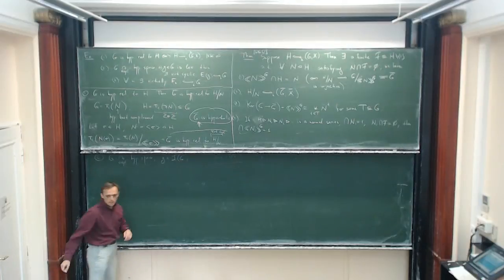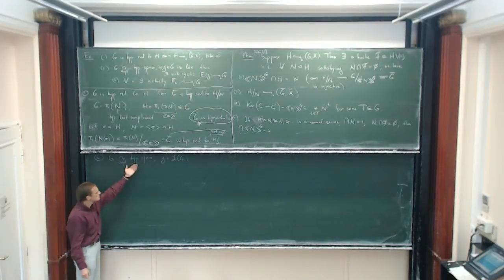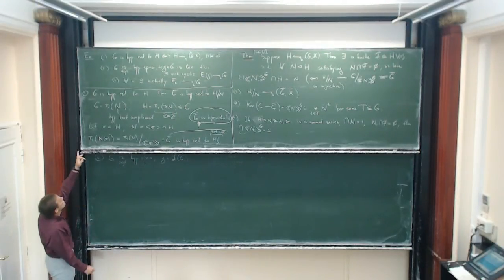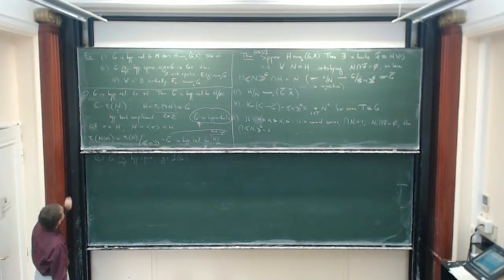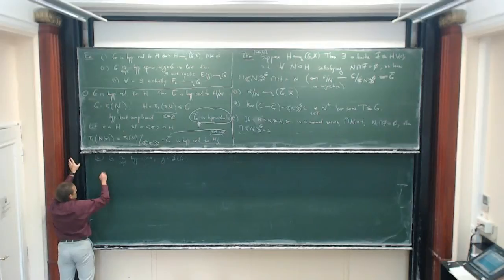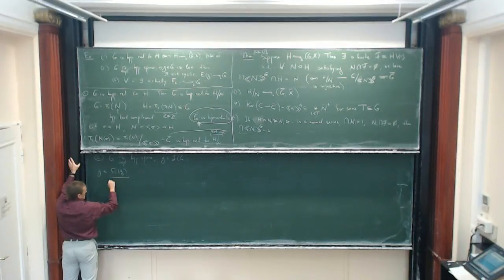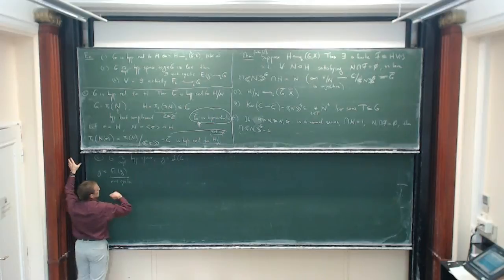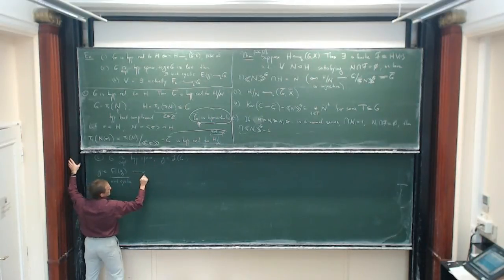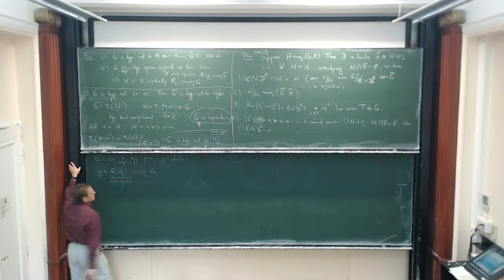Remember, L of G is the set of all loxodromic elements with respect to the given action. So now we use the second example over there. By the second example, g is contained in some subgroup, which we denote E of g, which is virtually cyclic and hyperbolically embedded in the group G.